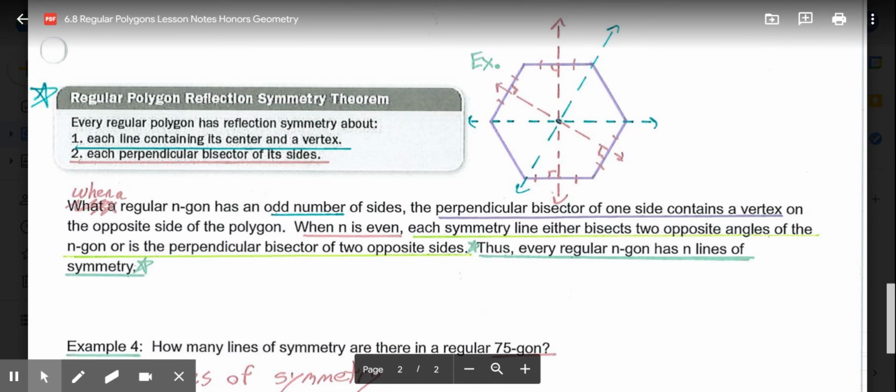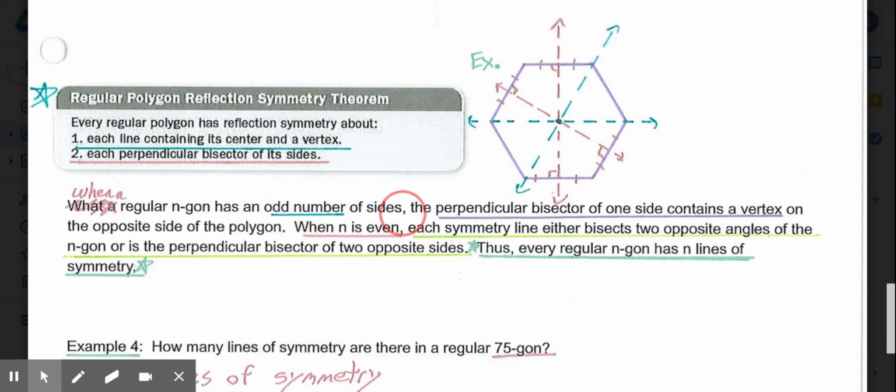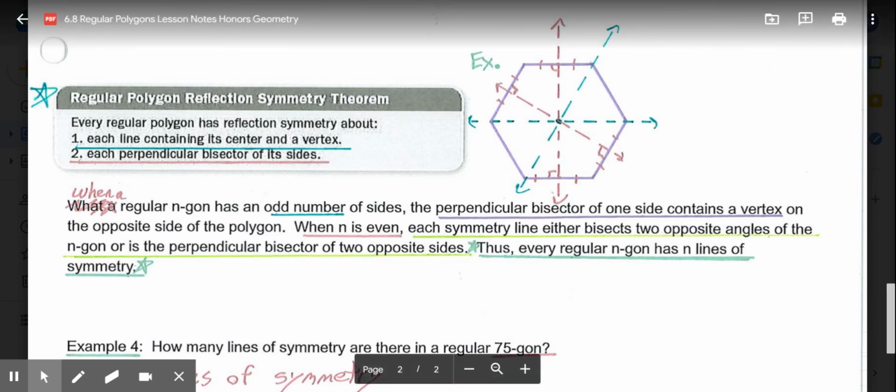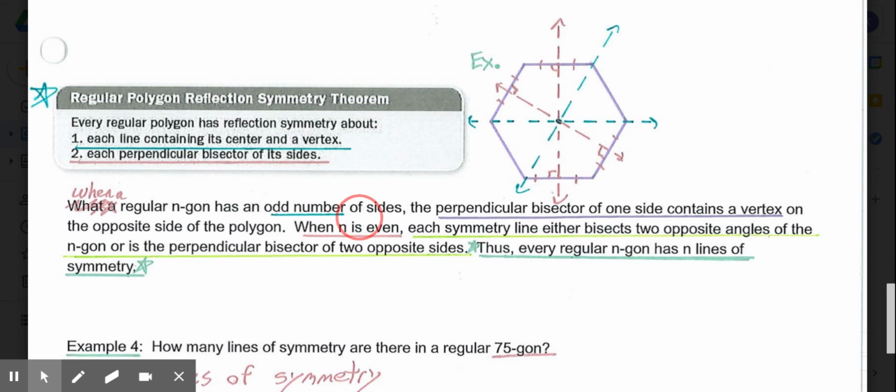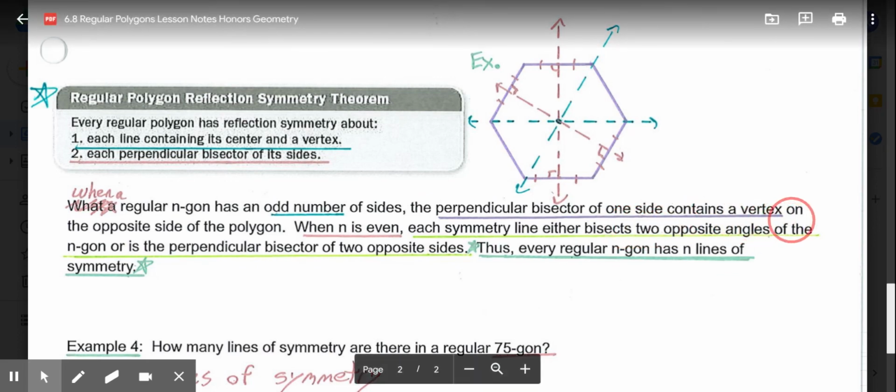So when a regular n-gon has an odd number of sides, the perpendicular bisector of one side contains a vertex on the opposite side. When n is even, so when we have an even number of sides, each symmetry line either bisects 2 opposite angles, like you can see here, opposite angles of the n-gon, or it's the perpendicular bisector of 2 opposite sides.